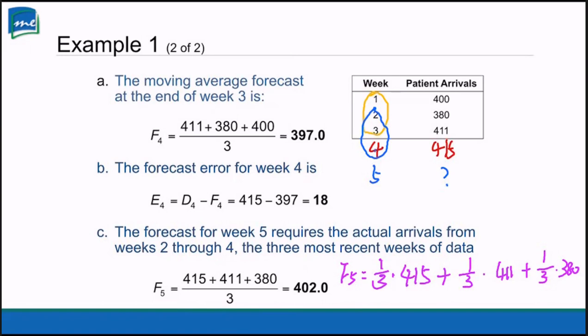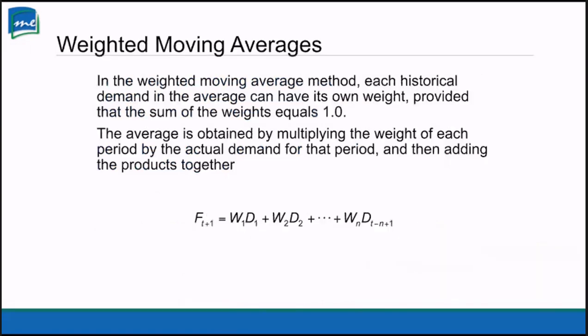And in the weighted moving average, we still look for the moving average. We still consider how many periods we should consider and how to move the numbers of the different periods to make a forecast for the next period. But we don't use the same weights for each time period.